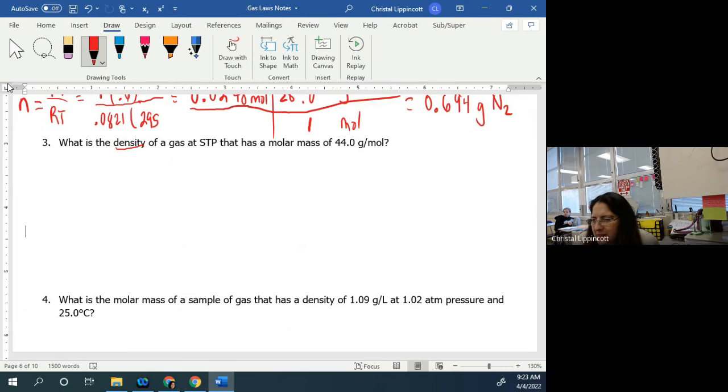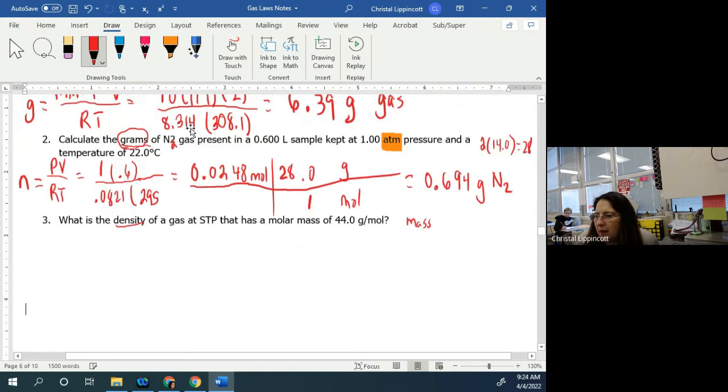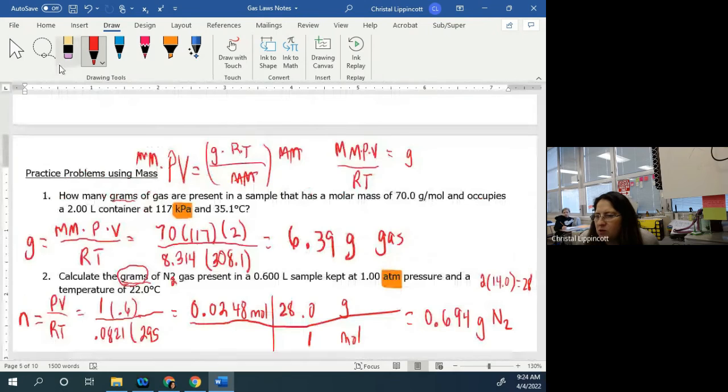So density equals what? Mass over volume. In this equation, we've got mass and we've got volume. So we've got to rearrange this so that mass is over volume, and that's on one side.